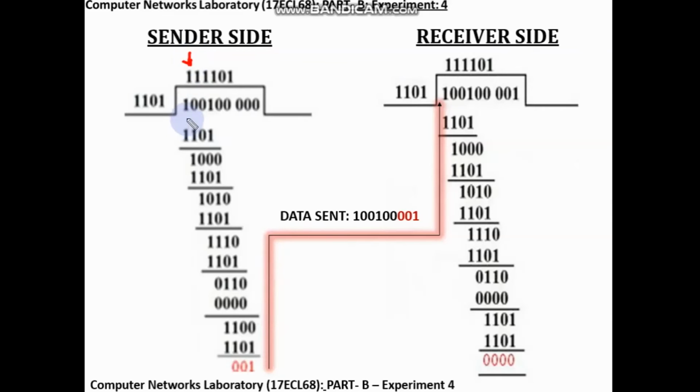We are going to write this one here, and then we are going to do the XOR operation, that is XOR addition. 1 plus 1 is 0, 0 plus 0 is 0, 0 plus 1 is 1, and 1 plus 1 is 0, and this 0 is discarded.